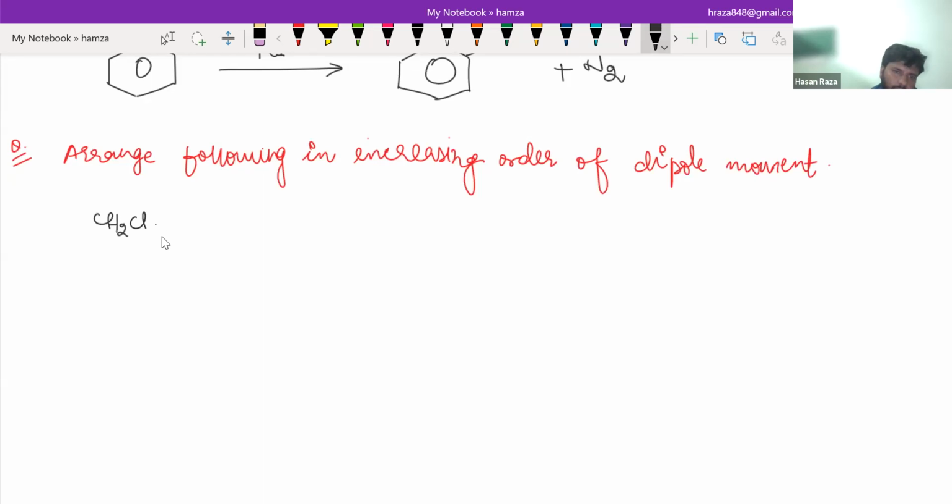So this is CH2Cl2. This is CHCl3. This is CCl4. A, B, and then C. Can you do this?